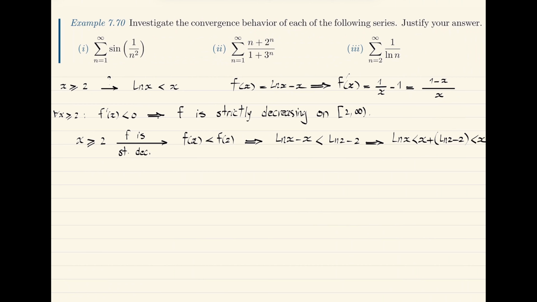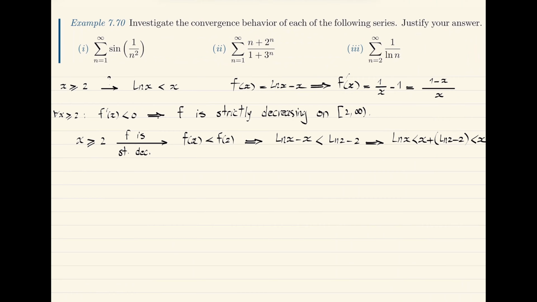So I was able to show that if x is greater than or equal to 2, ln of x is strictly less than x for every x greater than 2. But here I only care about integers.